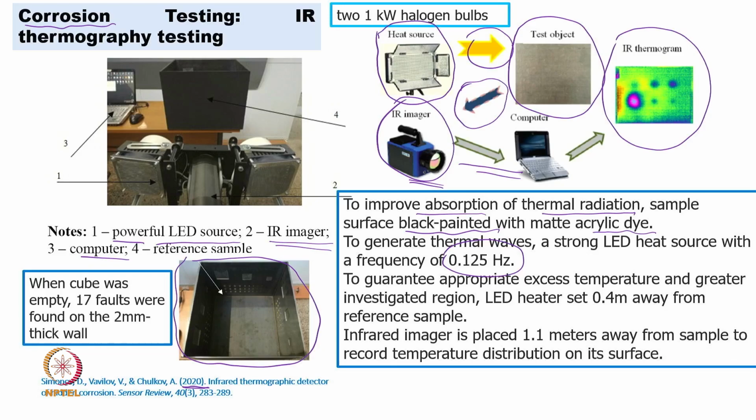That is why we require experience, and after the experience we can figure out the appropriate distance between the camera and object, and between the camera and the heat source. So, what they have written here is that the LED heater was kept around 0.4 meter away from the reference sample. The camera was kept around 1.1 meter away from the sample to record, to map the temperature. So, these are the points which are really required.